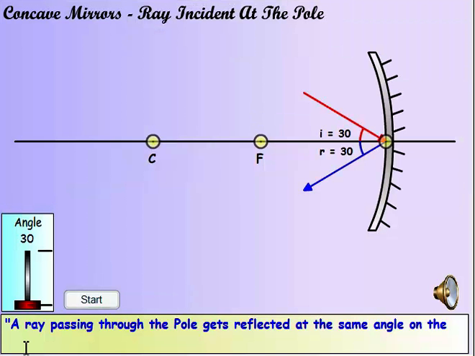Any ray incident at the pole will reflect back at the same angle in the opposite direction.